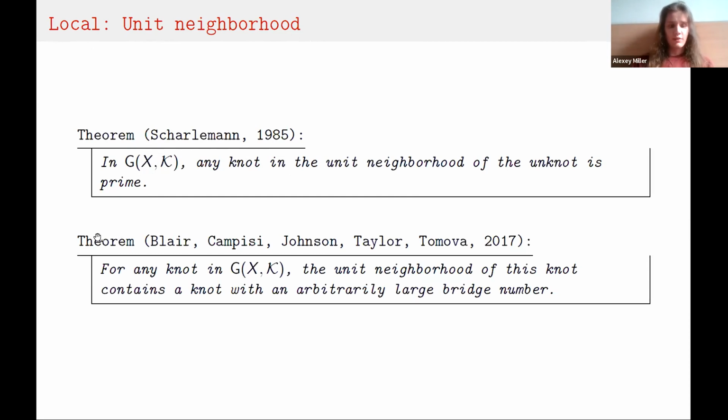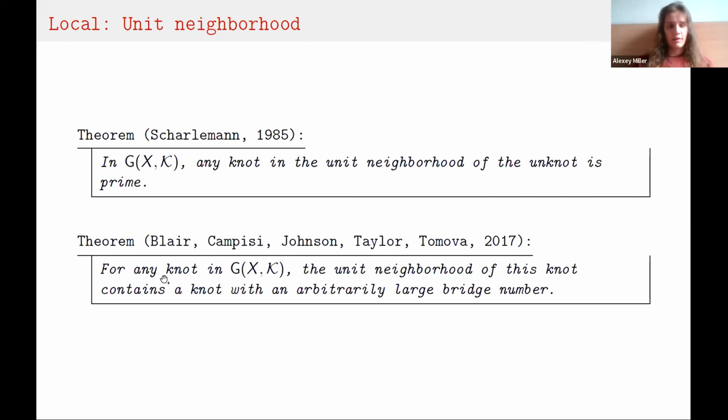Or here's another example. The Blair, Campisi, Johnson, Taylor, Tomova theorem says that for any knot in the crossing change Gordian graph, the unit neighborhood of this knot contains a knot with an arbitrarily large bridge number.